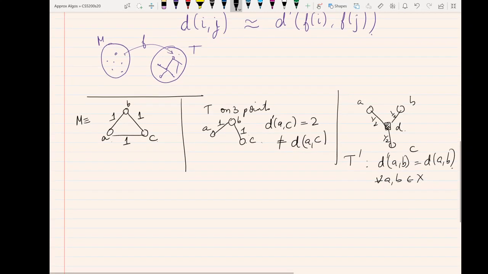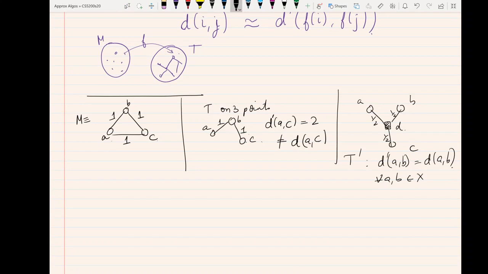But notice that even in this particular case, the distance between A and C is not very far off from the original distance. It's a factor 2 away. Now let us see an example of a set of points which cannot be mapped to a tree metric at all. So you just take the square.